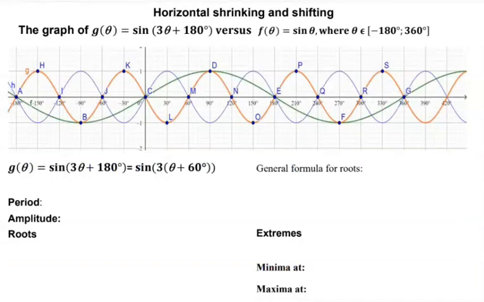Let us now just write down what we said on the previous page. First of all, we must write sine of 3 theta plus 180 as 3 times something. So this is actually my angle. I will do it in 2 steps. I will start with the shrinking, and this is my shrinking, and this is my shifting.